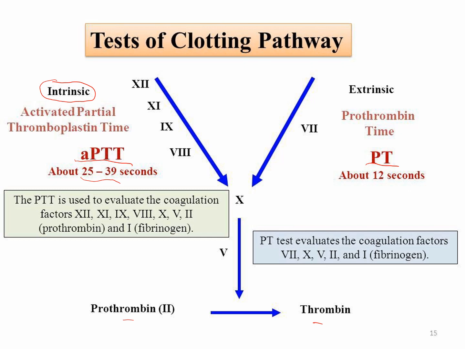Now your prothrombin time is testing your extrinsic pathway mostly, okay, and this is often done, especially when people are on warfarin. So if people are taking warfarin, they will do constant prothrombin times, and then they'll convert it to what's known as an INR, okay, or an international normalized ratio.